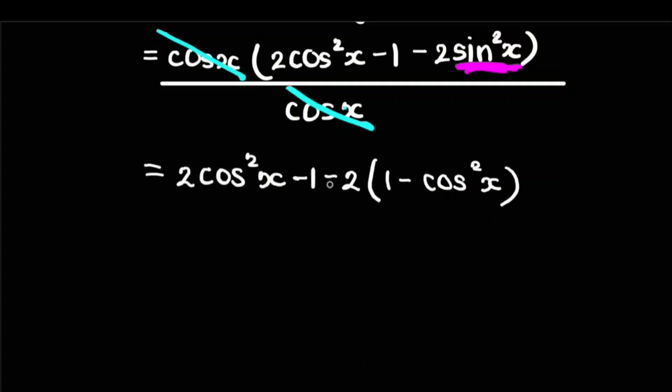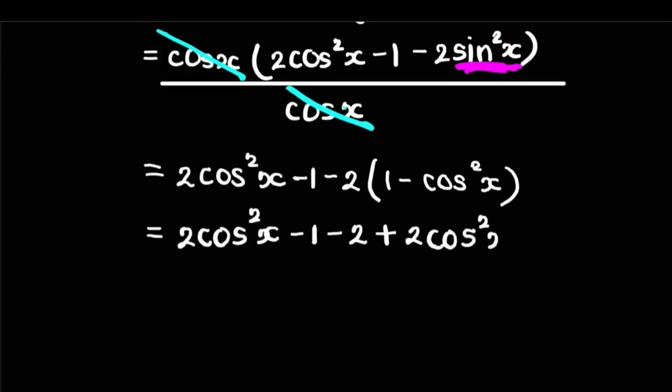Now to simplify, we're going to take this negative 2 and multiply it into the bracket with both terms. Doing so, we have negative 2 times 1, which gives you negative 2. Negative 2 times negative cos squared x would be positive cos squared x. Now we're going to gather like terms.